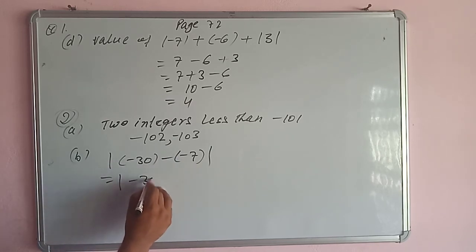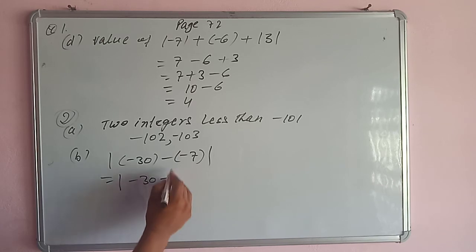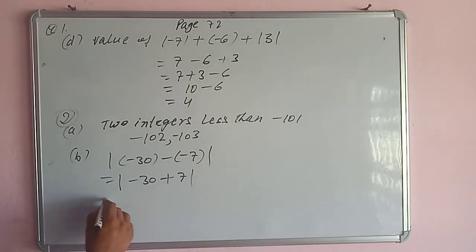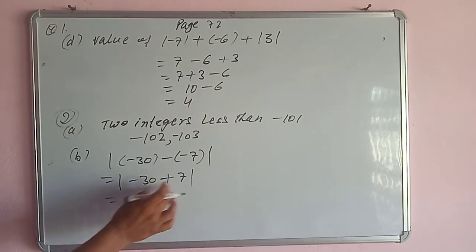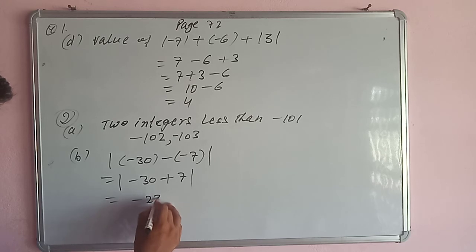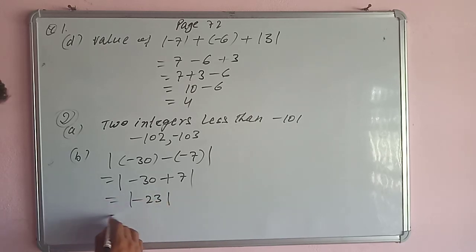So it is minus 30 minus into minus, it is plus 7. Now minus 30 plus 7, both have opposite sign, so it is minus 23. What is the absolute value of minus 23? It is 23, because when we write the absolute value, we never take the sign.